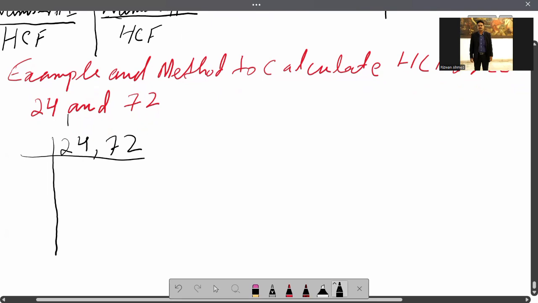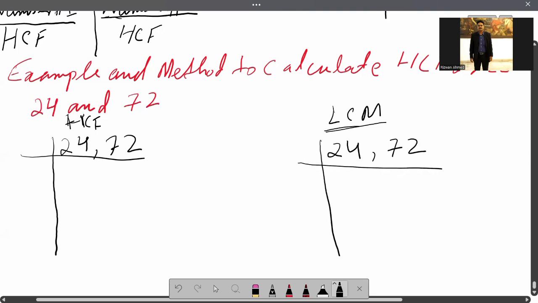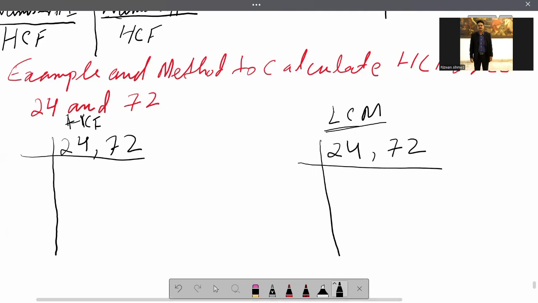This is your HCF method to calculate, and this is your LCM method to calculate. The numbers are the same right now. First of all, divide these numbers by the lowest common table or number.